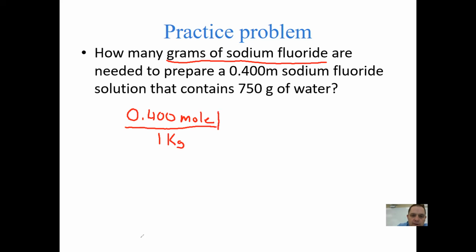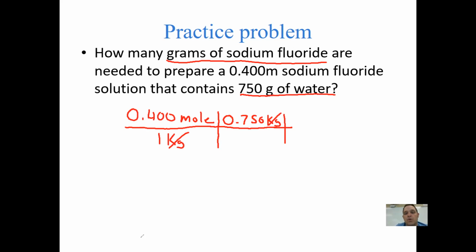So let's do that. Dimensional analysis. I'm going to first cancel out the kilograms of solution because we have 750 grams of water. We are going to change grams to kilograms, moving the decimal place 3 times. If we stopped right here, we would be in moles.